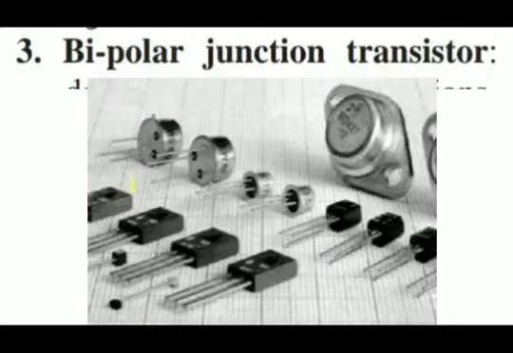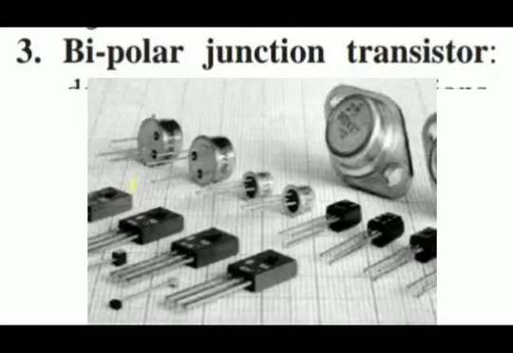Next to that we have the bipolar junction transistor, that is BJT. A bipolar junction transistor is a type of transistor that uses both electrons and electron holes as charge carriers.